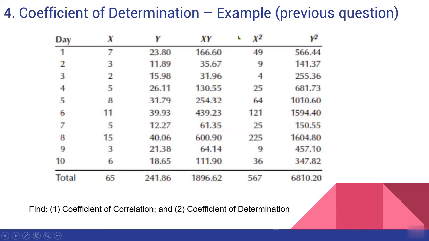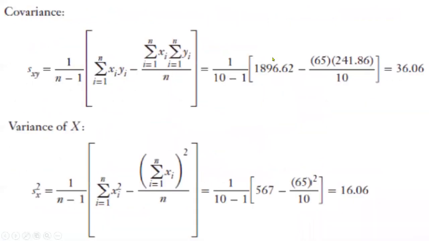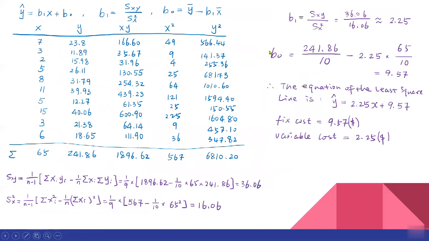Okay, let's see an example. We'll use the same example to illustrate how we can get the coefficient of determination. We'll continue to work on this table. Coefficient of determination, I'll write it here.